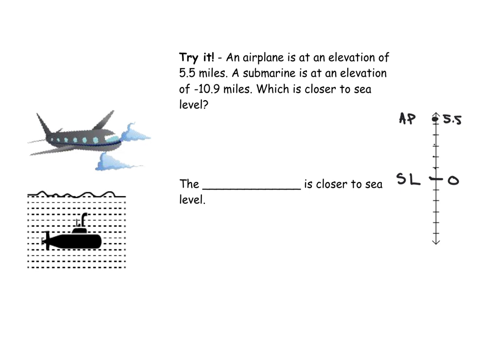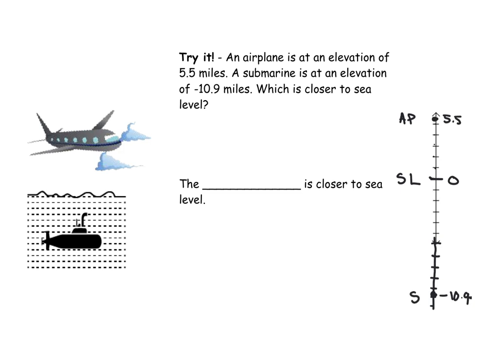And then negative 10.9. I'm going to have to extend my number line. So there's negative 1, 2, 3, 4, 5, 6, 7, 8, 9, 10. There's negative 10.9. That is our submarine.